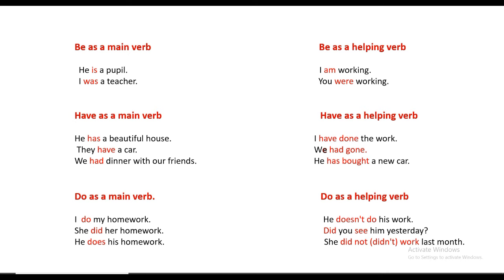In these three sentences, do, see, work are main verbs. Doesn't, did not are helping verbs. Now you can see how the helping verbs or auxiliary verbs can be used as both main and helping verbs.